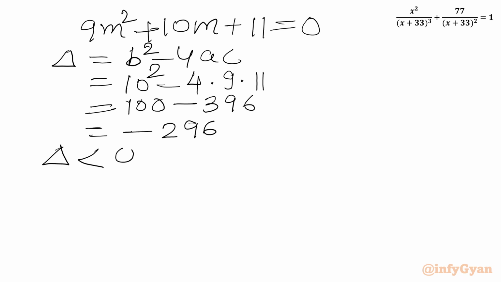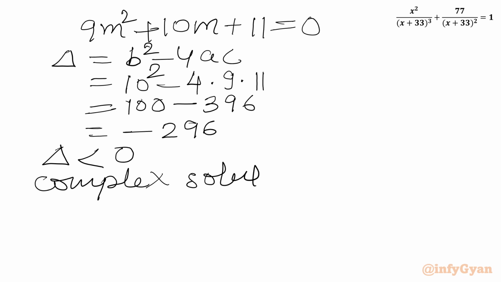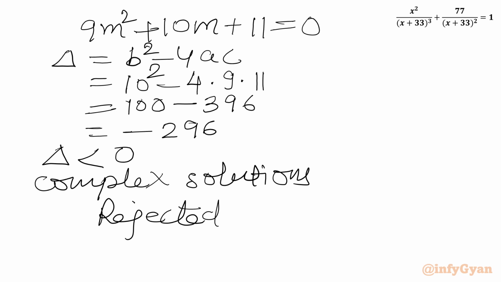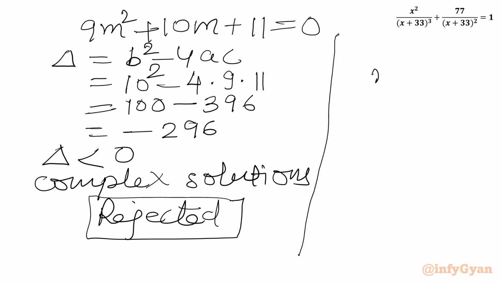Discriminant is negative. We will get complex solutions. So I can reject them easily as we are looking for real solutions. So the accepted value of m would be m equal to 1, which is our base solution.